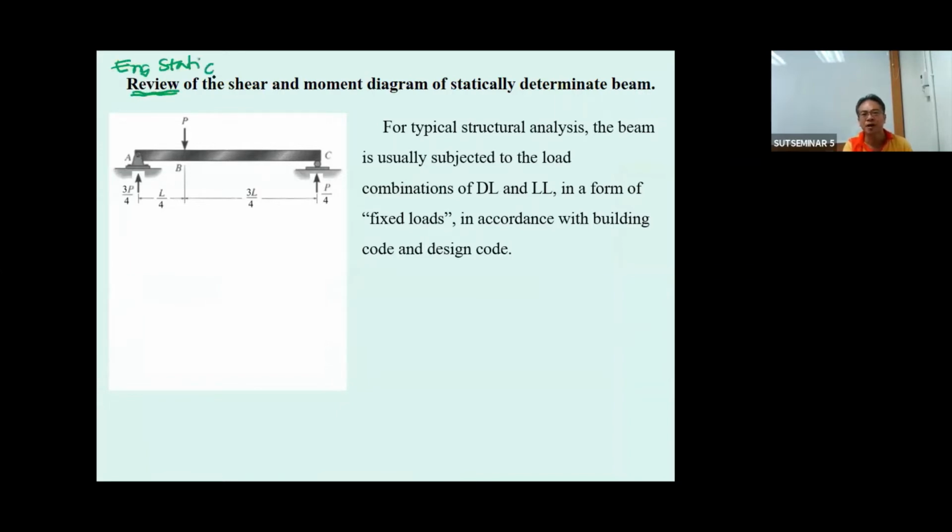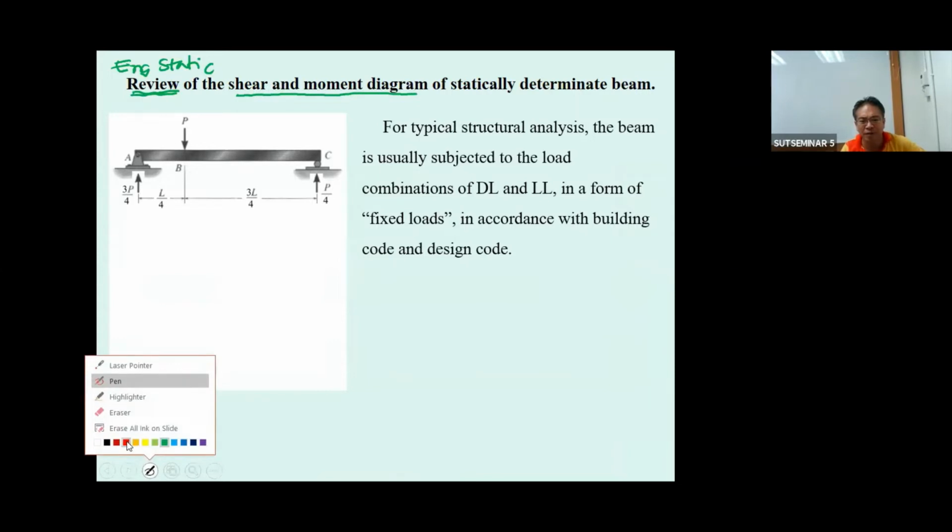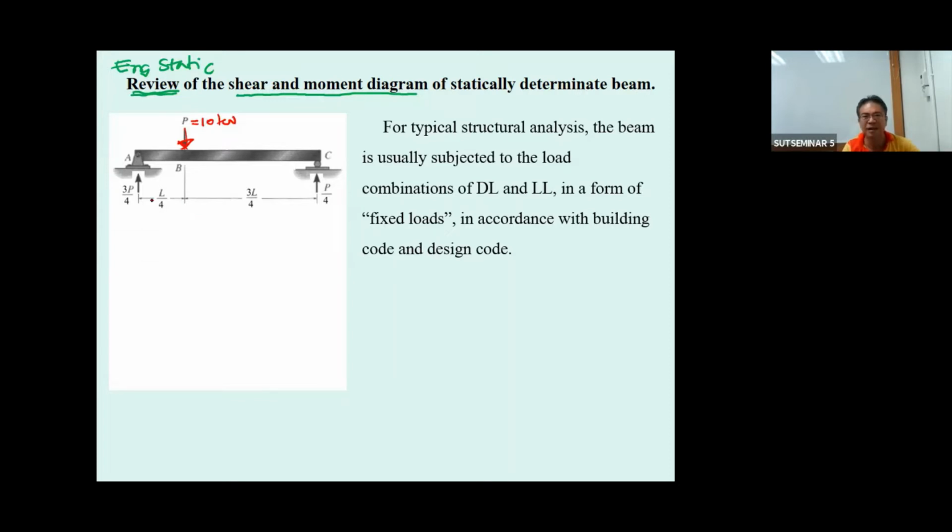Now let us review what we have seen in engineering statics. We have the shear and moment diagram. When you know the shear and moment diagram, in engineering statics, you just have a point load here, for example 10 kilonewton, and let's say this is 1 meter and this is 3 meters. Can you go back and draw the shear diagram and moment diagram of this beam?